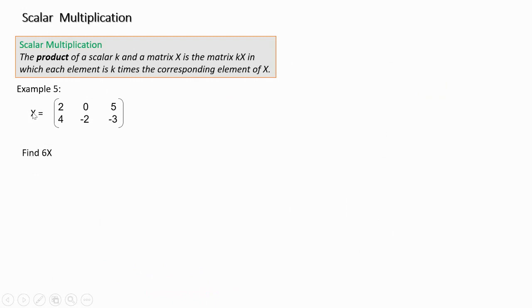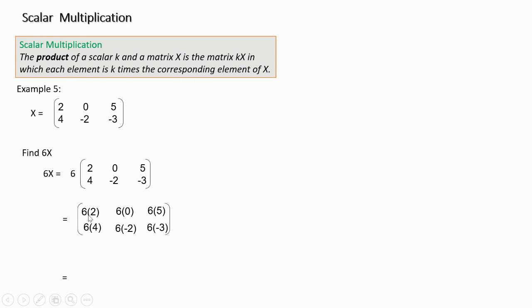Remember, capital letters represent matrices. So 6X is the same thing as 6 times every element in matrix X. So it's going to be 6 times 2, 6 times 0, 6 times 5, 6 times 4, 6 times negative 2, and 6 times negative 3.